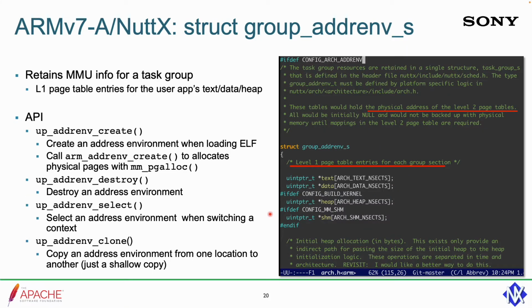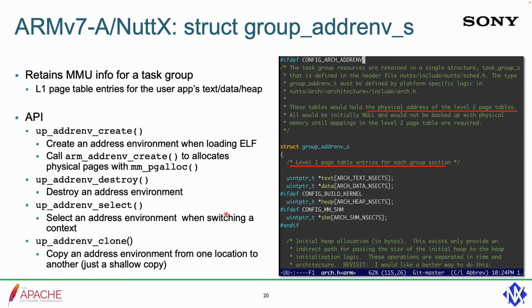The next slide shows a struct group addresses, which is a CPU architecture specific struct. In the rv-virt NuttX, the struct retains MMU information for task group. More specifically, it holds L1 page table entries for the user app's text, data and heap. And there are some APIs for the struct.